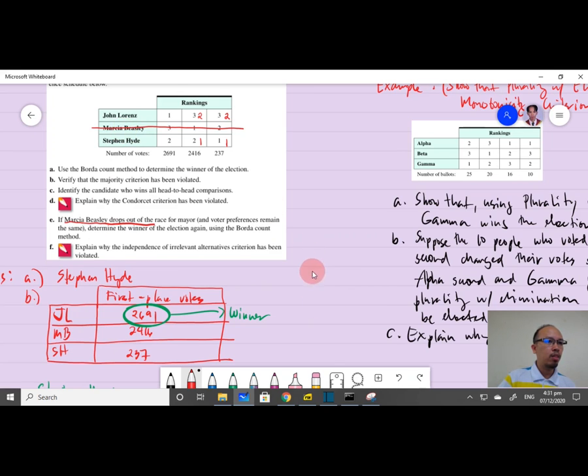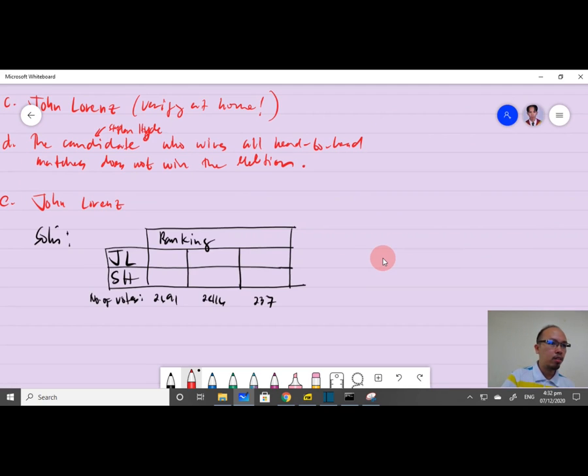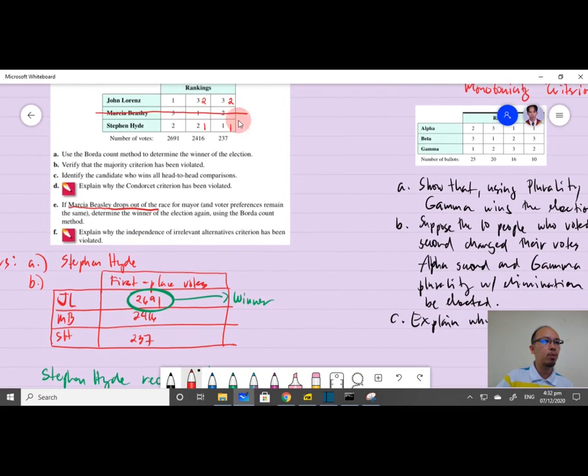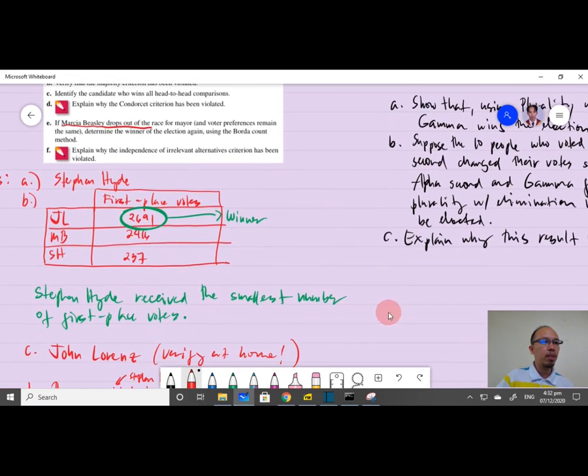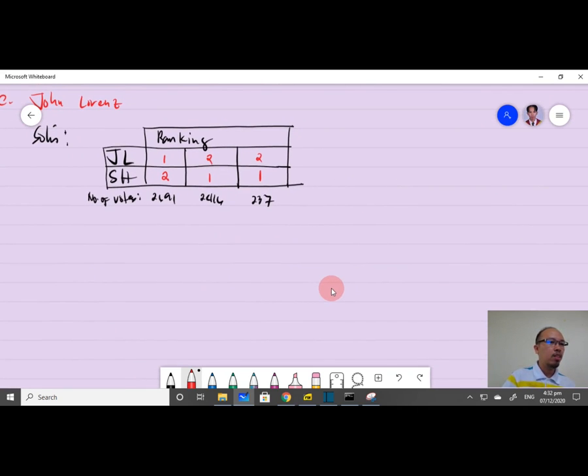Okay, so let's go back to our table. We have 1, 2, 2, 1, 2, 1, am I right? Let's verify, 1, 2, 2, 1, 2, 1, and let's use the Borda count. Let's have GL here.